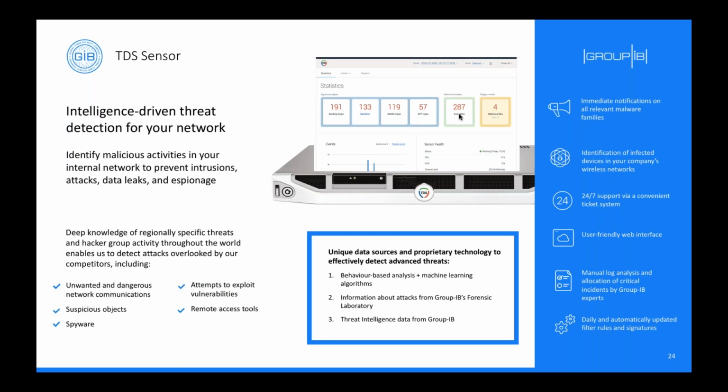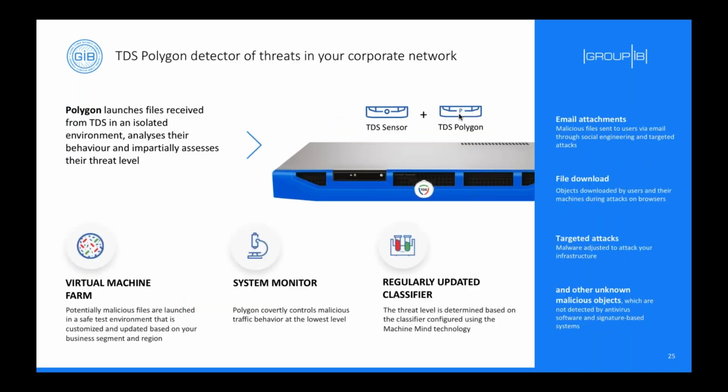So our signatures deployed to the Sensor are really based on real life cases and scenarios we actually see while investigating and analyzing threats we face. Another module of the TDS family is Polygon, which is basically our Sandbox. And Sandbox integrates very thoroughly with a sensor.